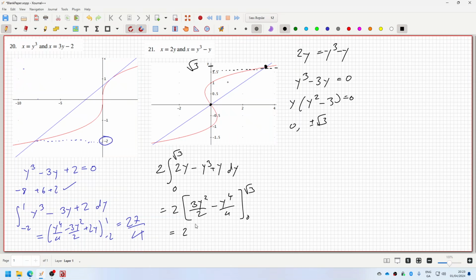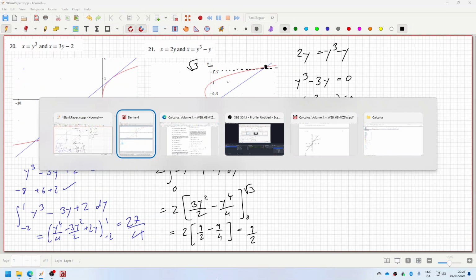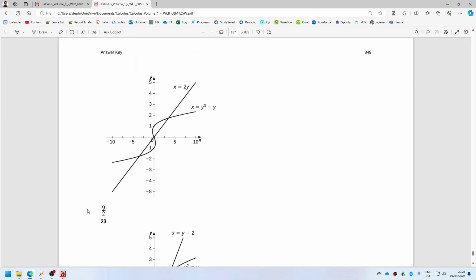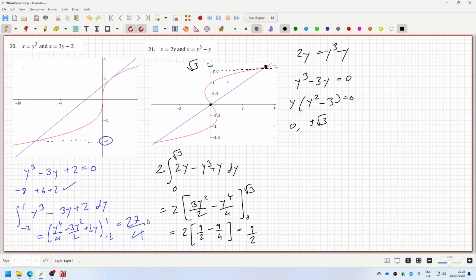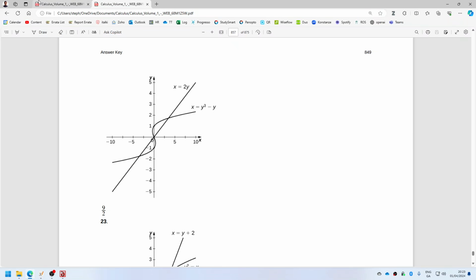So it's 2 times root 3 squared, which is 3 times 3 is 9, over 2. Root 3 squared is 3, squared is 9 over 4. So that's 18 over 4. It's 9 over 2? Yes, 9 over 2. Great. Okay.